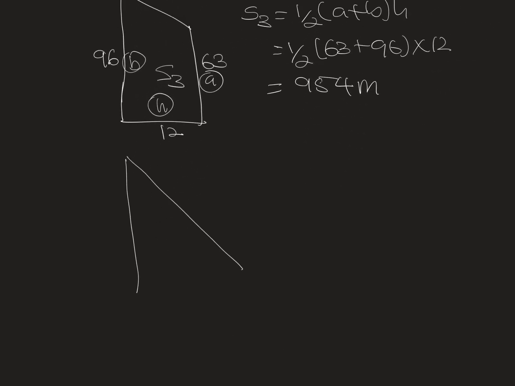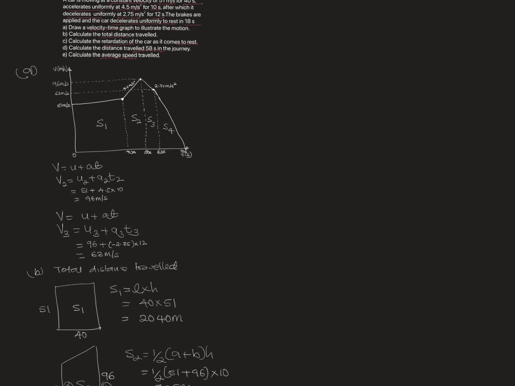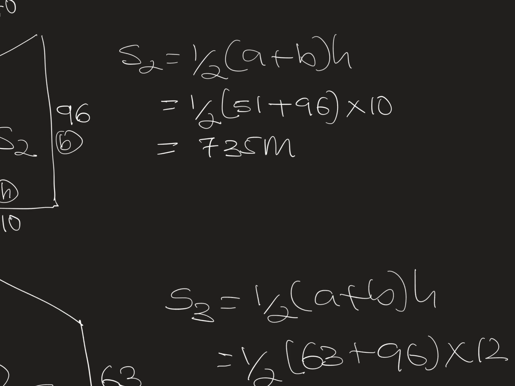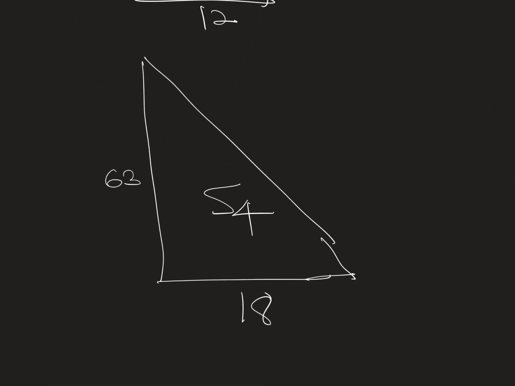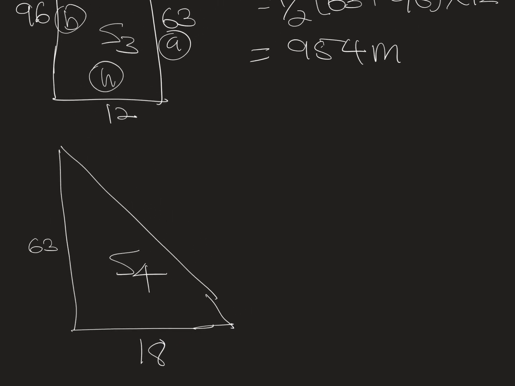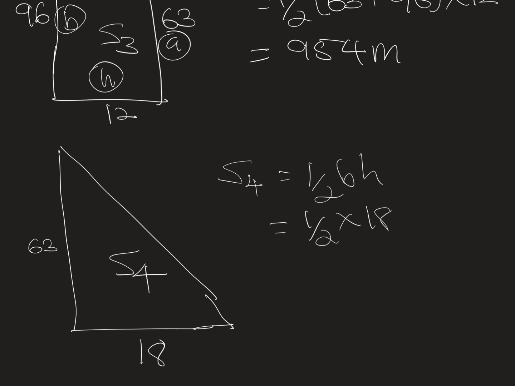And finally, we have S4. It looks like a triangle. This is 18 and 63. The area of a triangle is half base times height. That will be half, the base is 18, the height is 63.